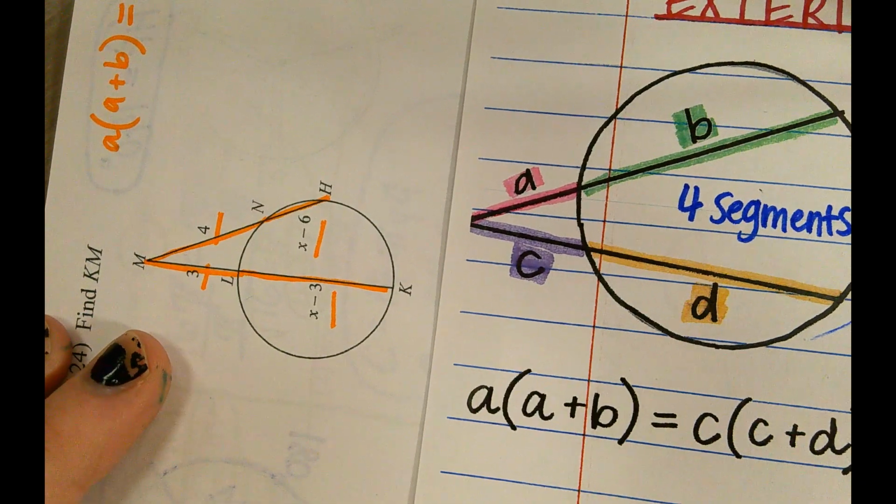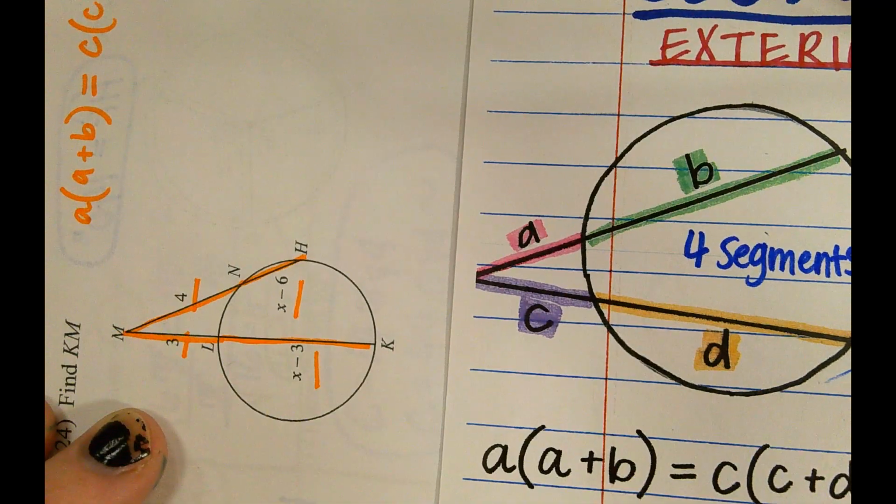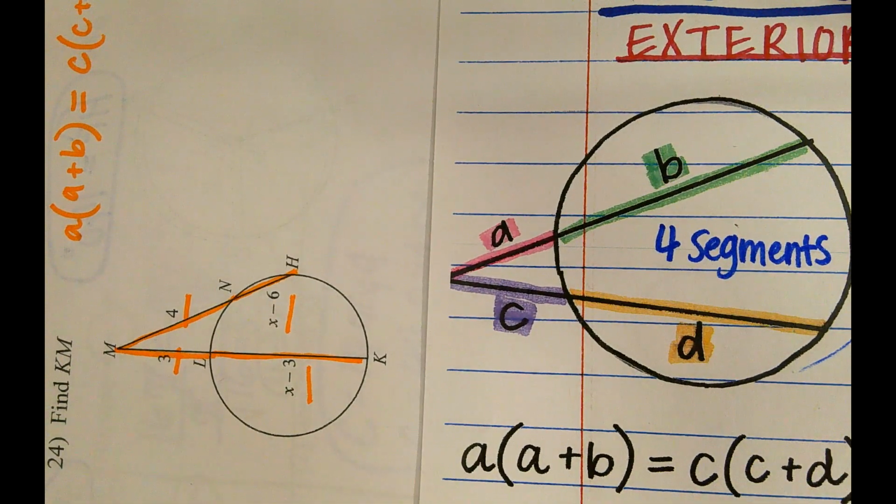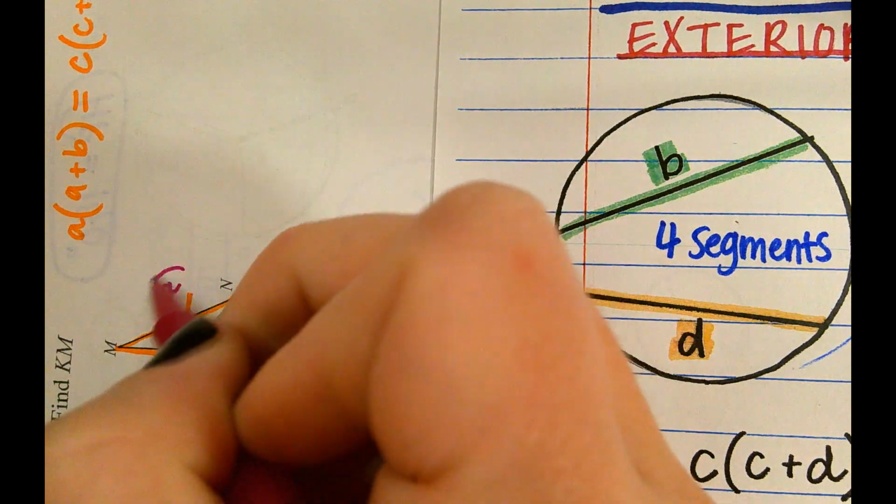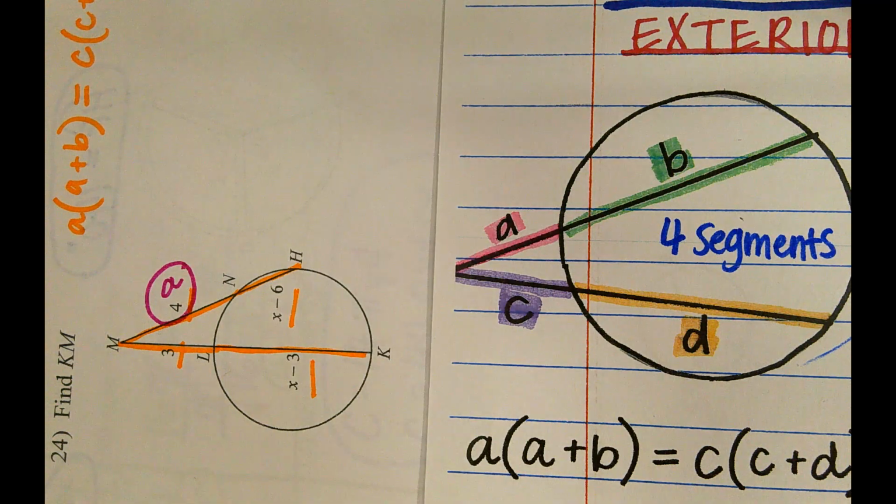Now we do want to be careful in how we label. I'm turning it to the side like this to match my picture. What is the most reasonable measure that we would call A? What makes the most sense? 4. Yes. I'm going to call 4 my A. So what's B? X minus 6. That's B.